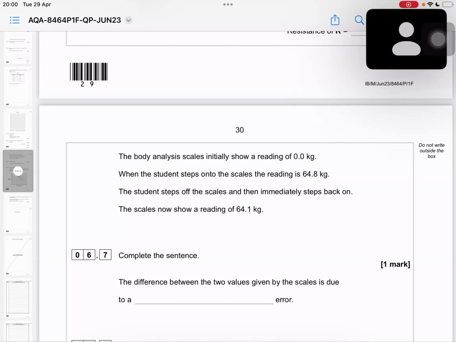The difference between the two values given by the scales is due to a, okay, what's the name of this type of error?